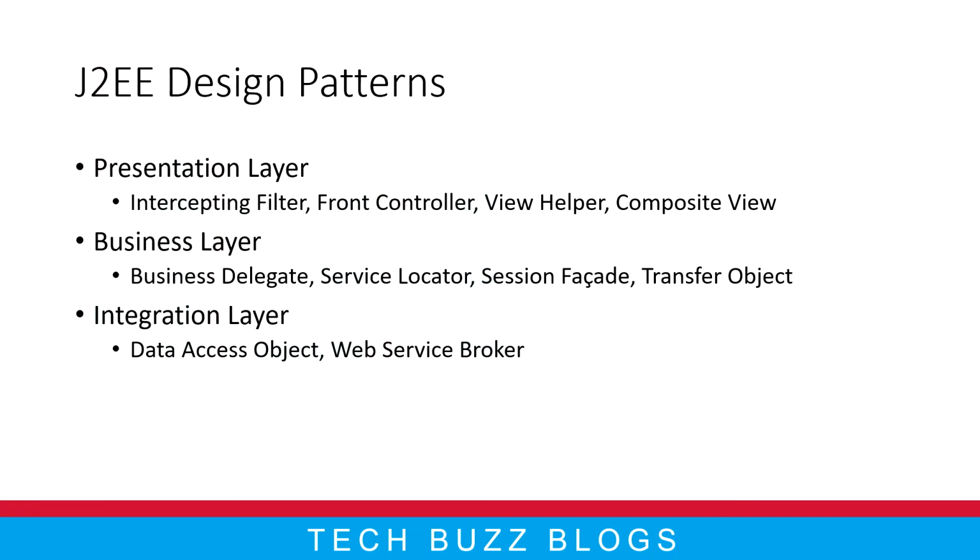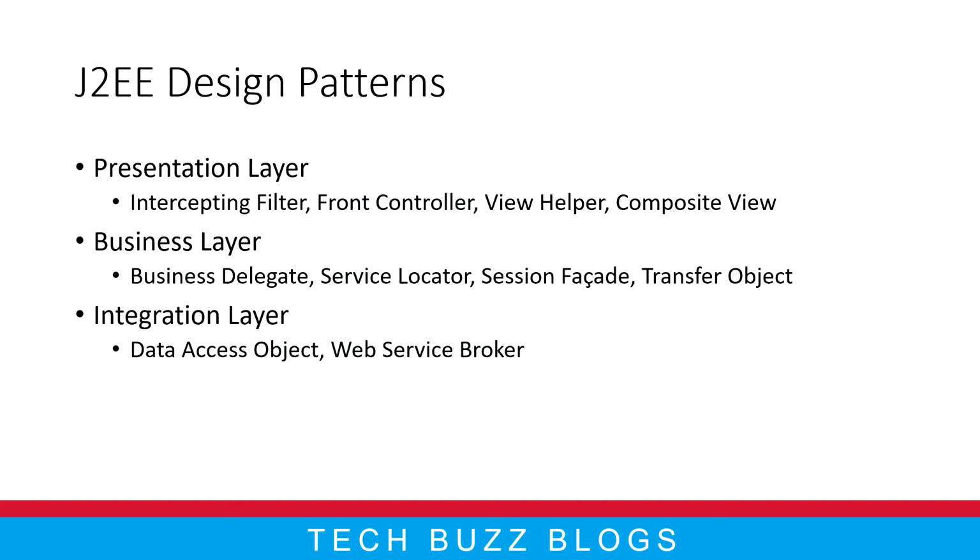Then let me come to J2EE design patterns. They are split into three: the presentation layer, the business layer, and the integration layer. Each category has different patterns, such as intercepting filter, front controller, and view controller. Those details we'll see in the further videos.